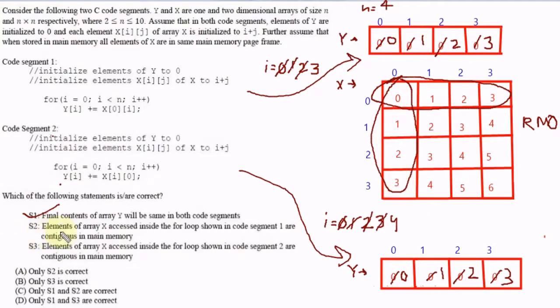That's why the elements of array x accessed inside the for loop in code segment 1 are continuous in the main memory. So this statement is correct, but in code segment 2 they are not accessed continuously, so this is wrong. So only S1 and S2 are correct, so C is the correct answer.